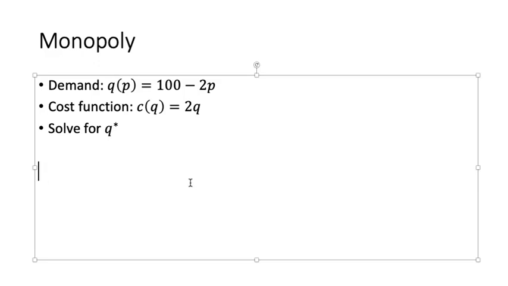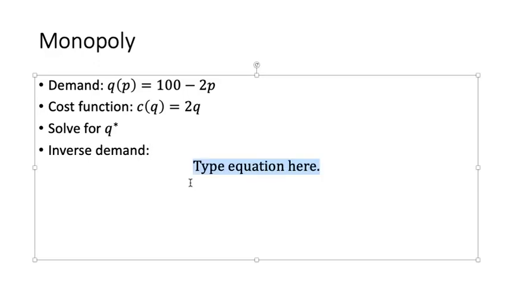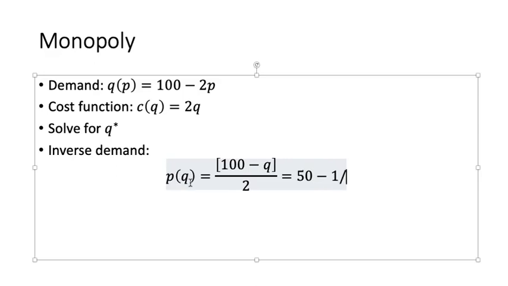So the inverse demand function P(Q) is going to be 100 minus Q, all divided by 2. Or simply put, that's going to be 50 minus 1/2 Q.